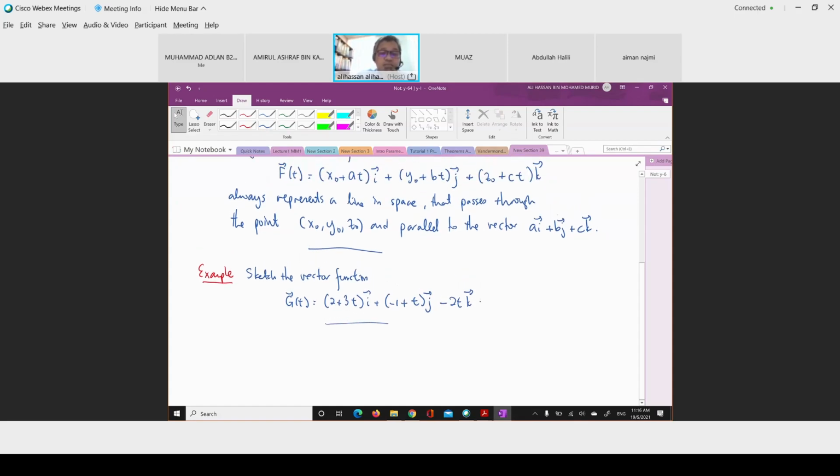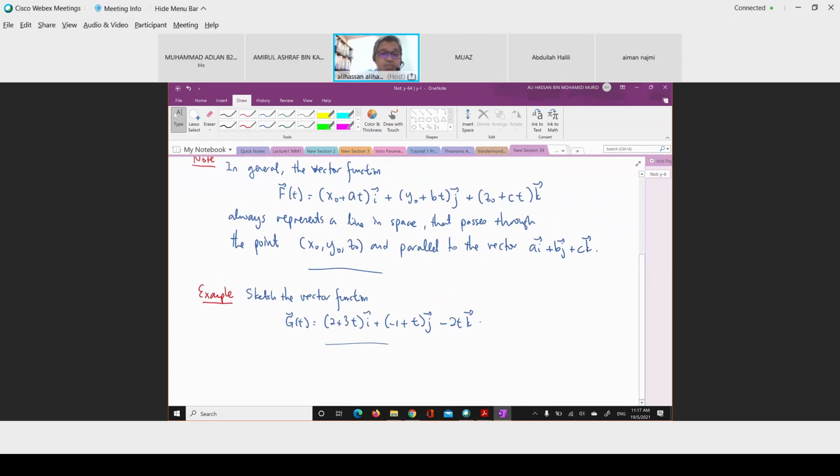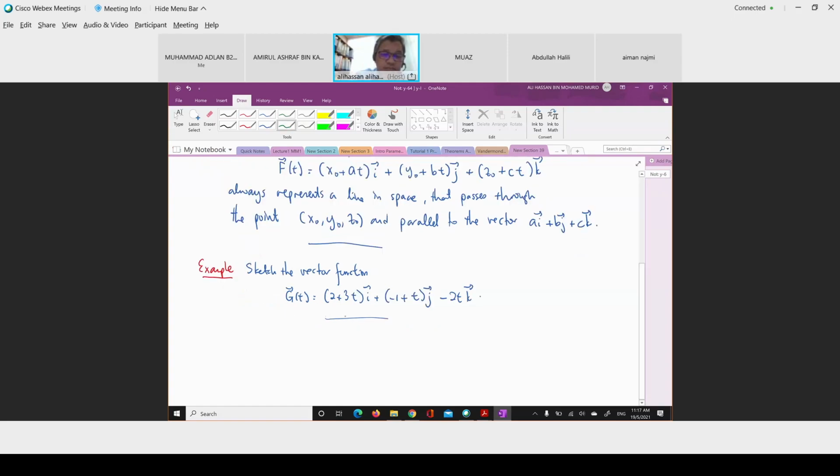According to the above explanation, this vector function is a line in space. If you make the comparison, the first component is x naught plus at, the second component function is y naught plus bt, and the third component function is z naught plus ct.